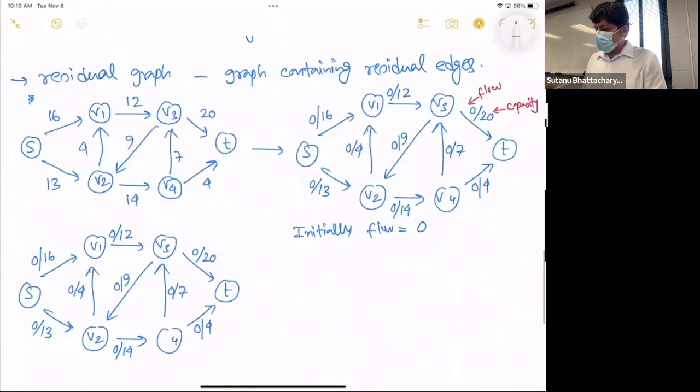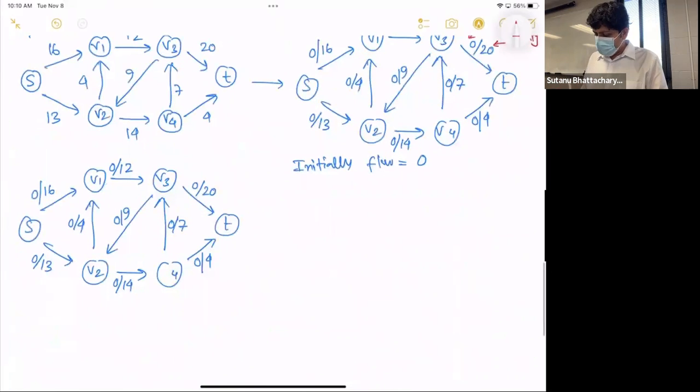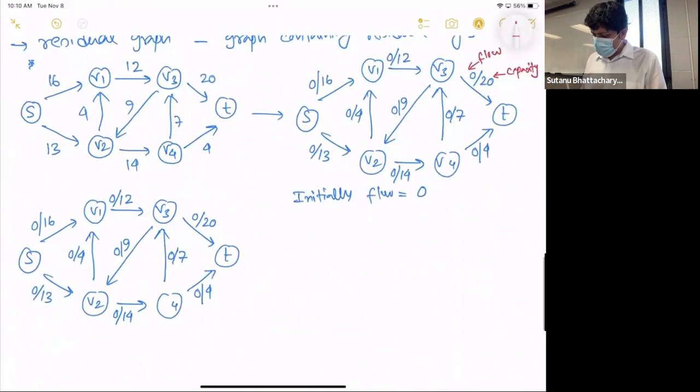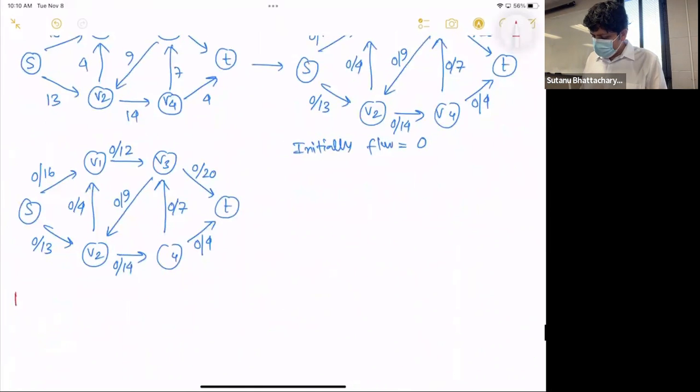Now we have chosen one path. So let's assume the path that we have chosen, path 1, is S V1, V3, V2, V4, T. Actually, it's a bad path.